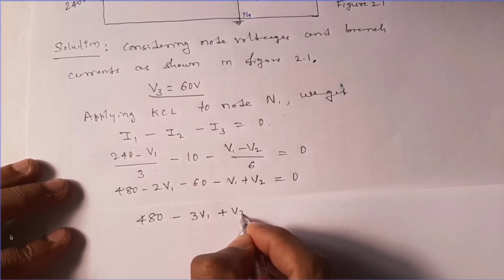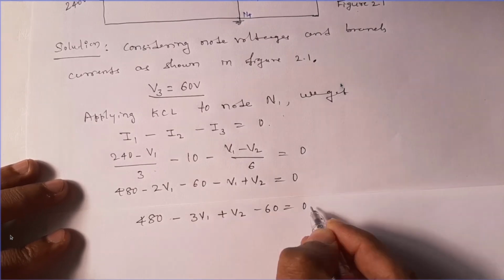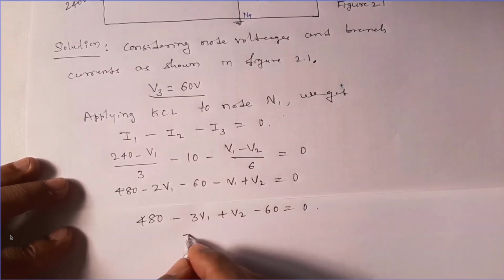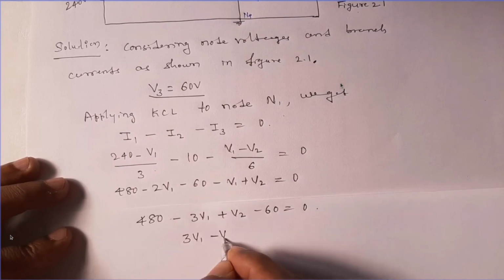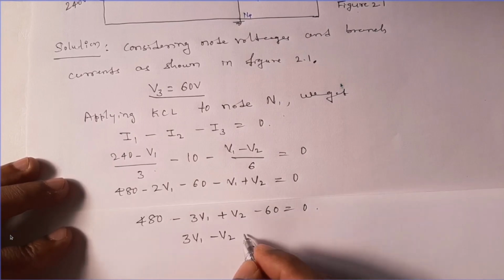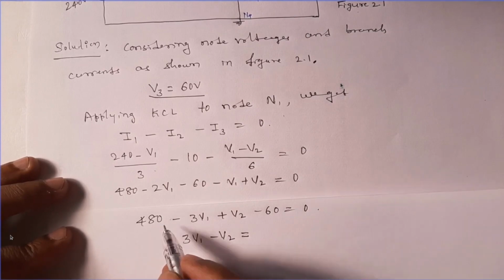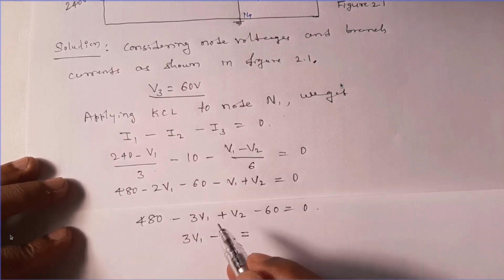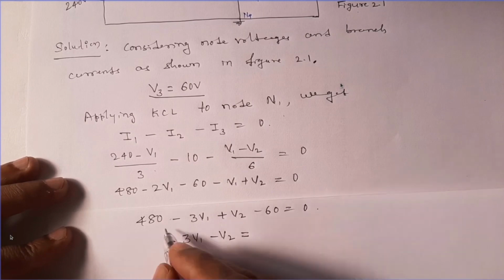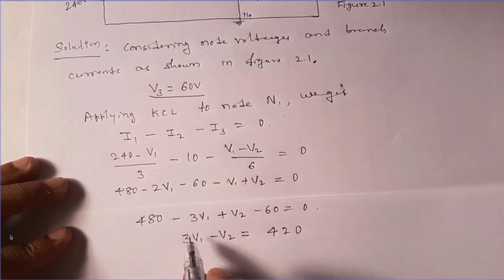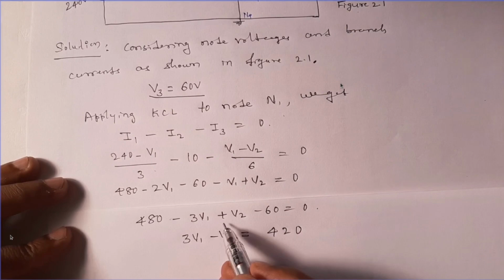plus V2 minus 60 is equal to 0, or 3V1 minus V2 is equal to 480 minus 60, which is 420. This is equal to 420 because 3V1 and V2 have been taken to the other side.